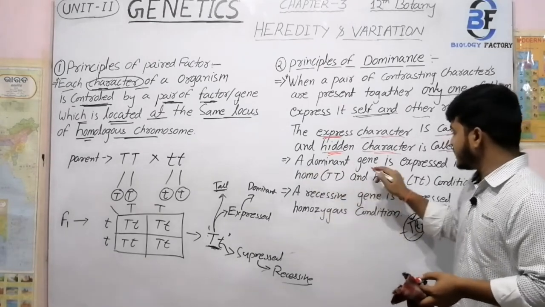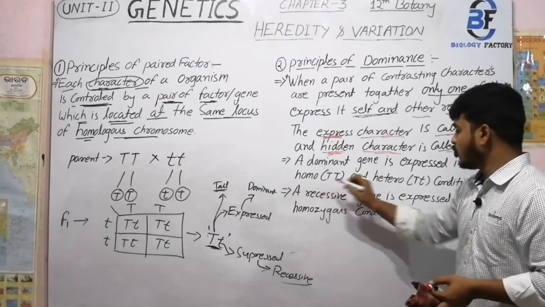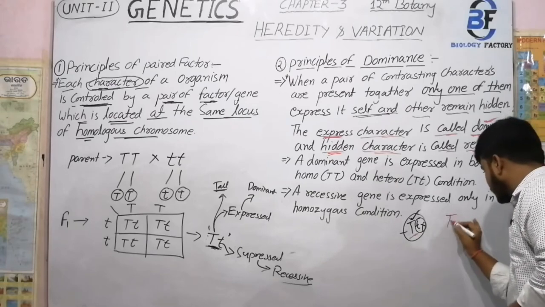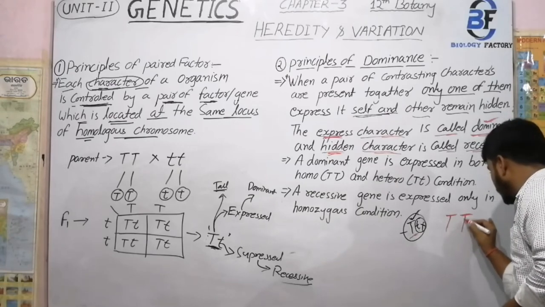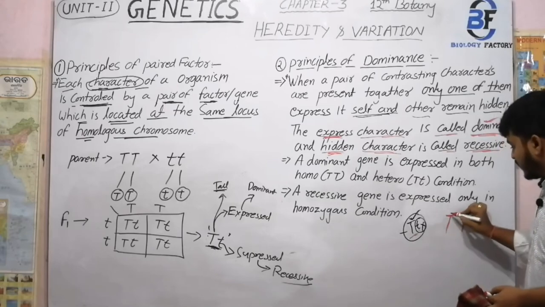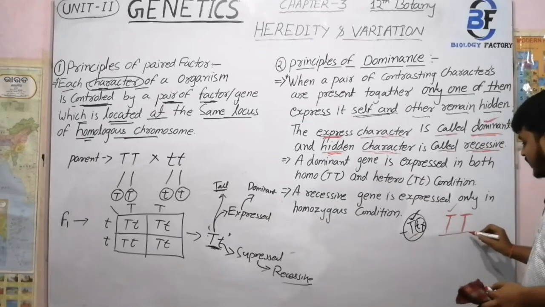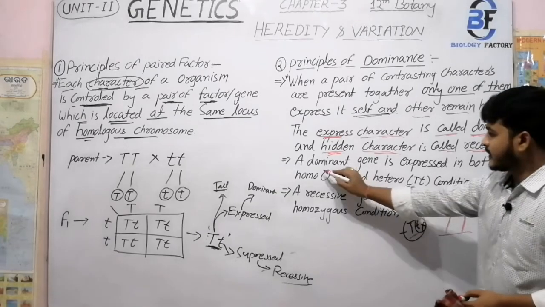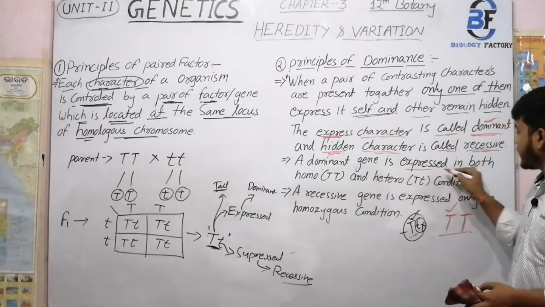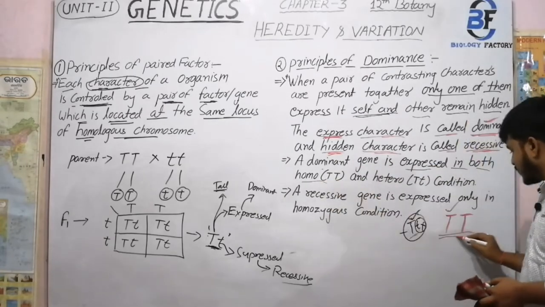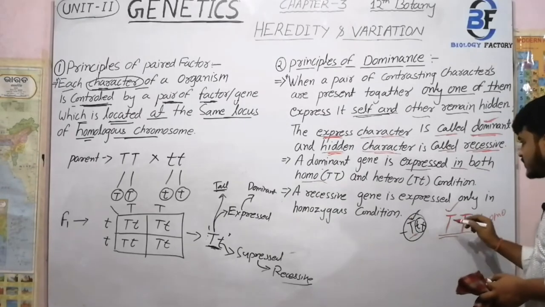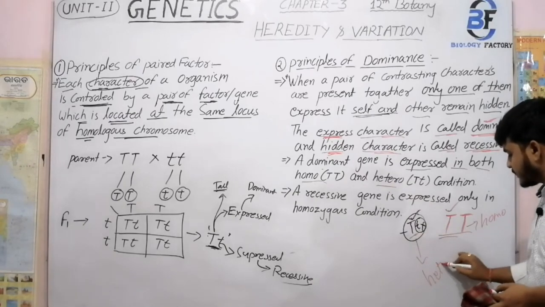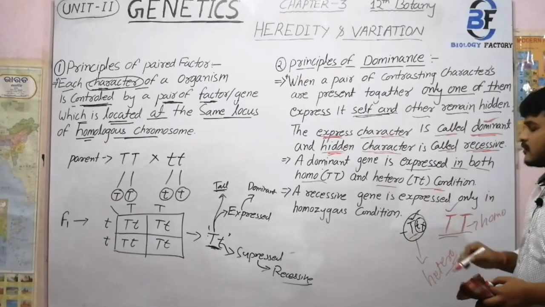Next, a dominant gene is expressed in both homo and hetero conditions. You may consider the hetero condition, and you may consider the other, the homo condition, where both are capital T. If we talk about the phenotypic condition, here it shows tallness, and here it also shows tallness. In the homo condition the tallness is expressed, and in the hetero condition also the tallness is expressed.